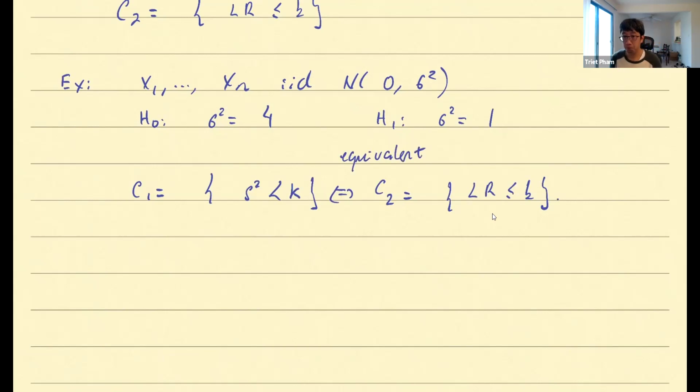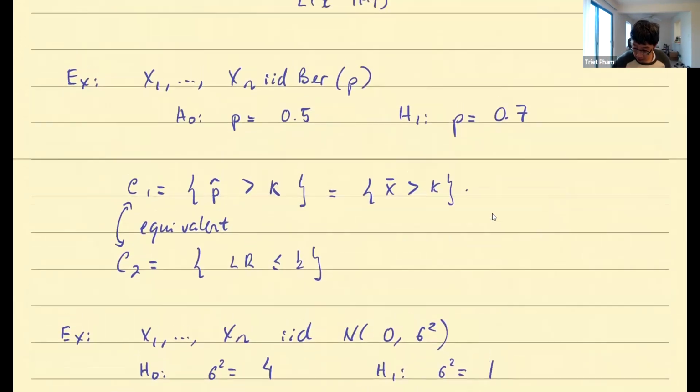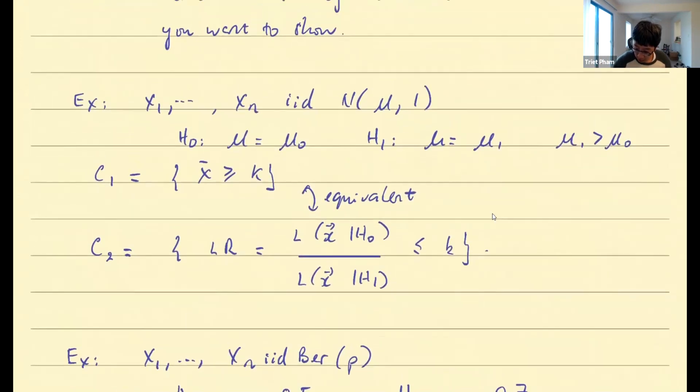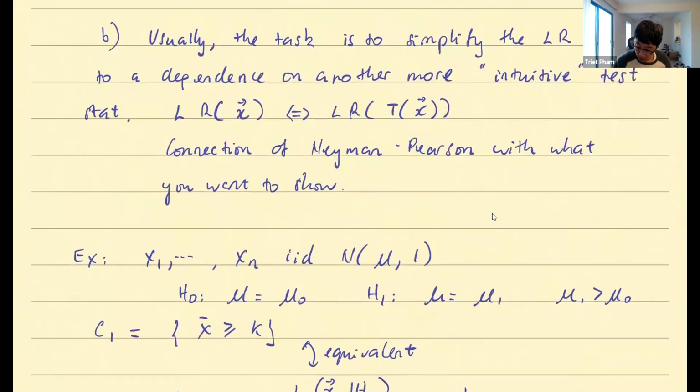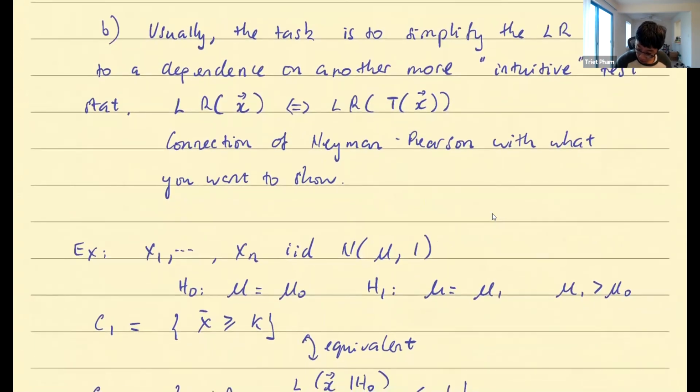Are you okay? So now maybe let's ask the last question. As I pointed out, the name of the game is to simplify the likelihood ratio to a more intuitive statistic like this.